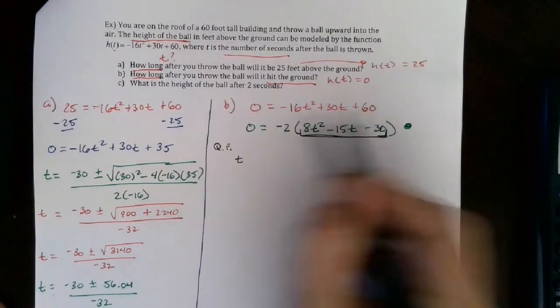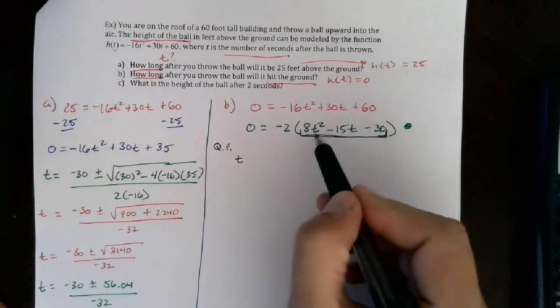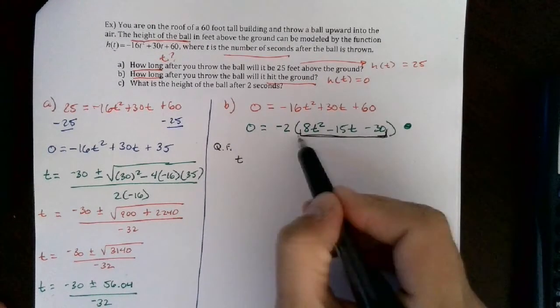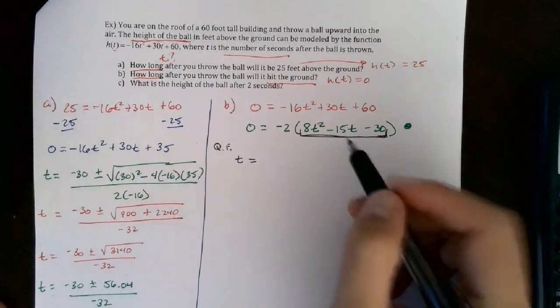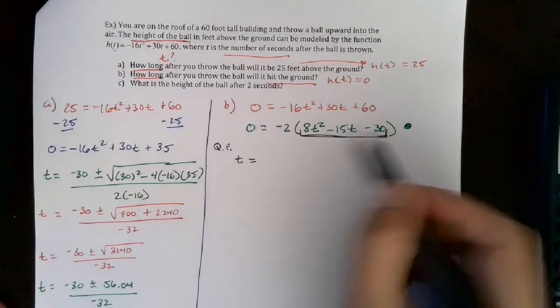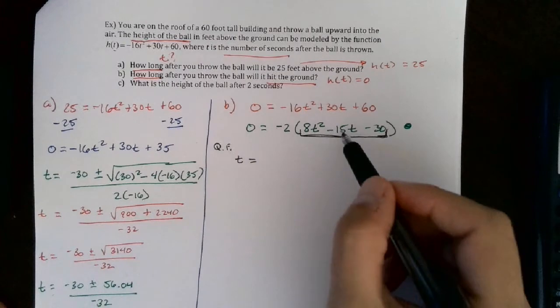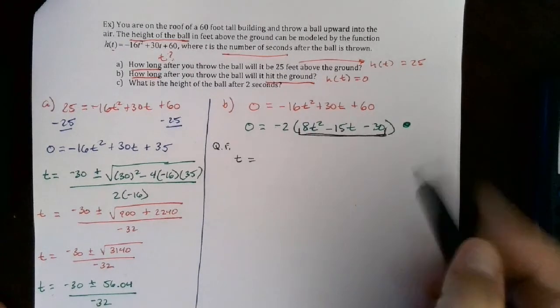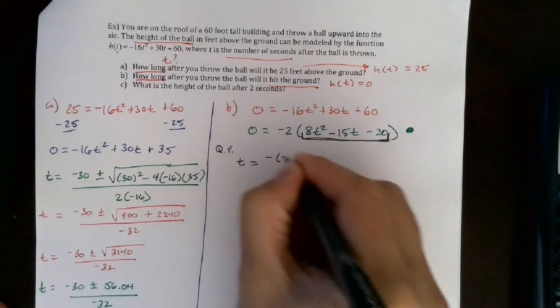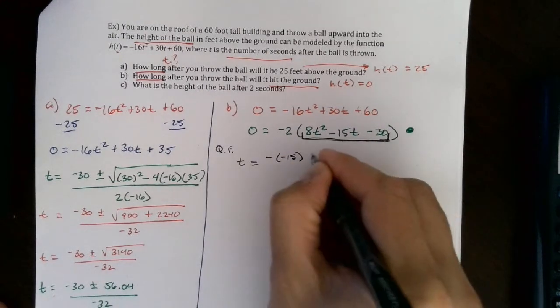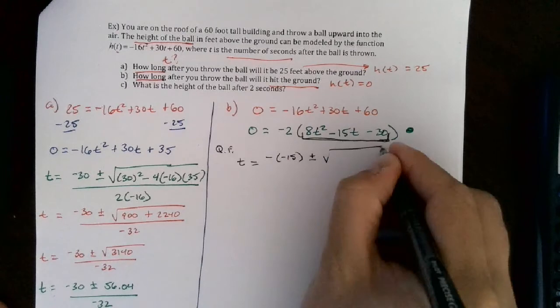Now, if you did it using the original problem, that's okay. I'm going to use this piece in here for my quadratic formula. I'm solving for t. When I talk about a, b, and c, I'm using them in here: a is 8, b is negative 15, c is negative 30. So we start with negative b, so it's negative negative 15, plus or minus the square root of b squared.